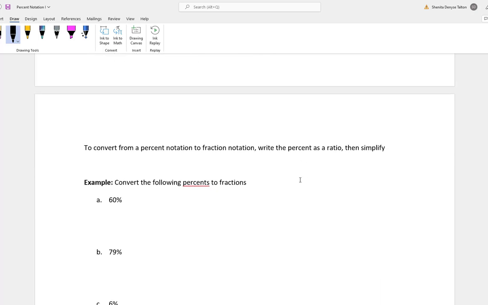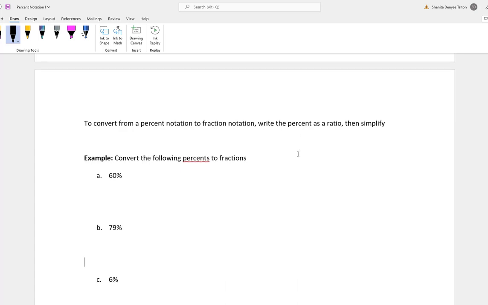Now we're going to talk about how to convert a percent to a fraction. First, you're going to write the percent as a ratio and then simplify it if you can. So remember I said percent means per 100. So 60% is 60 out of 100. Okay, so we can go ahead and reduce this.